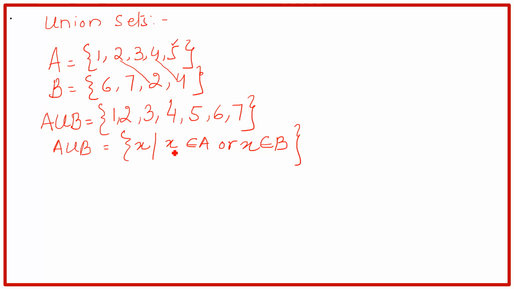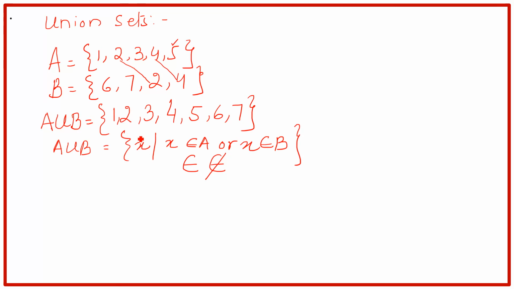This sign represents belongs, and this sign, if I cross it, means does not belong, or does not member. Belongs is also called the member. X is a member of A or X is a member of B. You have to write down each and every element. This is called the union sets.